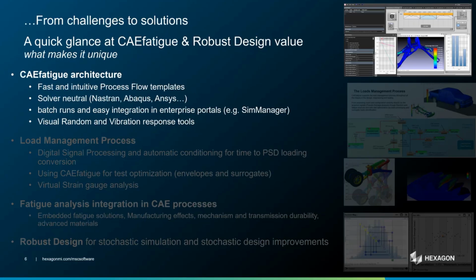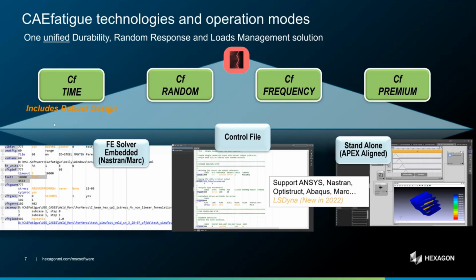Thank you. Okay, so with the first part of the architecture, let me give you a bit of understanding of the architecture. We have different modules. We operate in the time domain, which includes also the robust design tool right now. We might change that in the future.